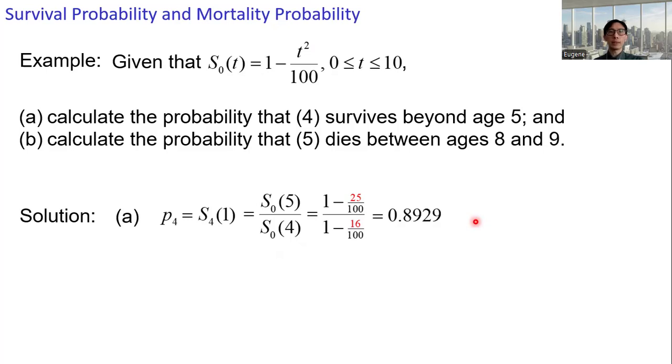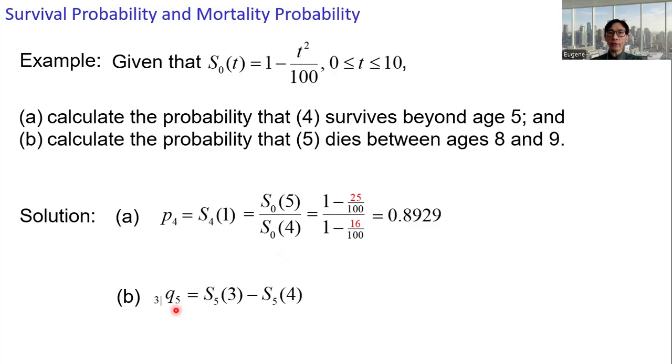And then part B, the actuarial notation, 3 bar q5. A person at age 5 can survive for 3 years at least, reaching age 8, but died before age 9. So dies within the following year after reaching age 8. So we have 3 bar q5.